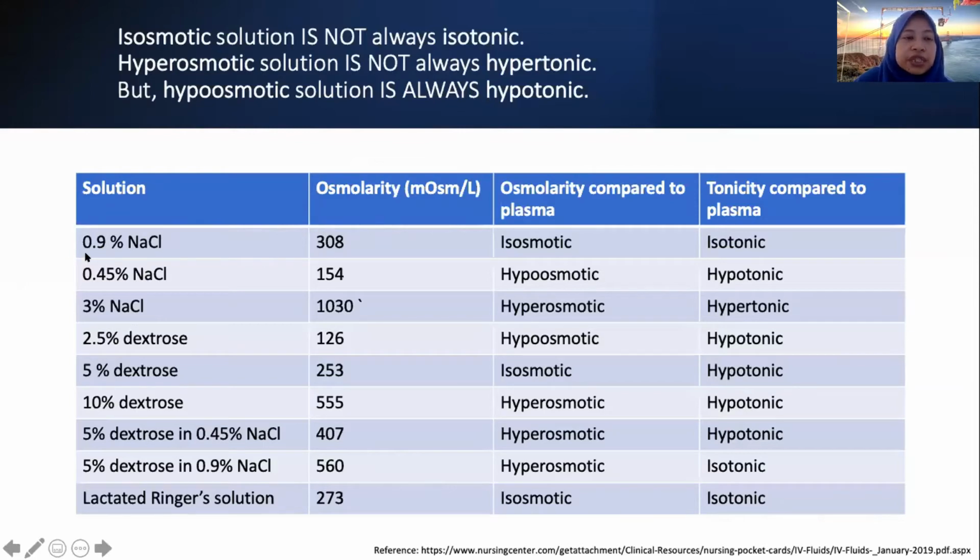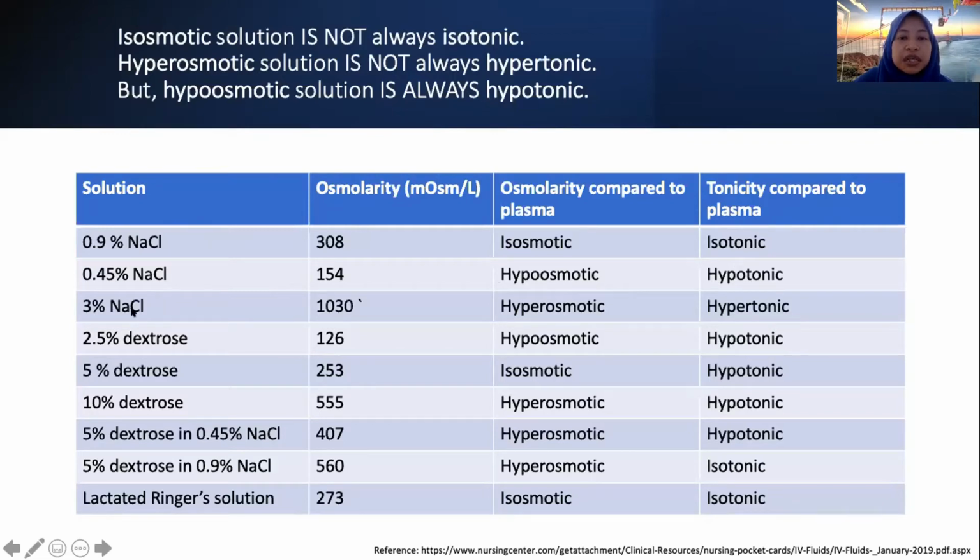So the normal saline, the most popular one, is considered isoosmotic, and the tonicity compared to plasma is also isotonic. But if you use half normal saline, the osmolarity is much lower, so it is hypoosmotic, and when you compare to the plasma, it is also considered hypotonic.